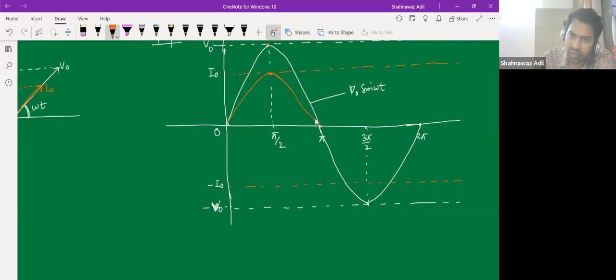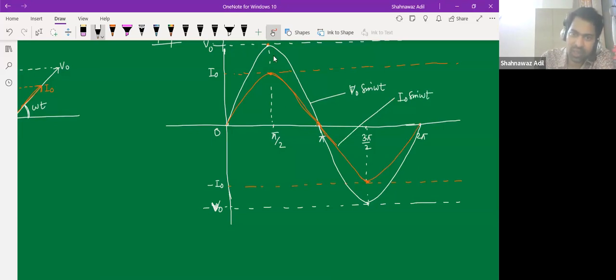This is this, and then at 3 pi by 2, this is going here, and at 2 pi it is here. This is the graph of I naught sine.